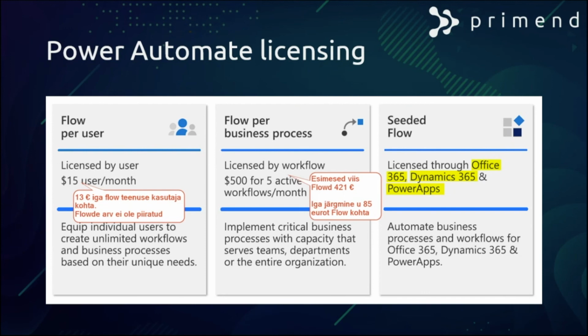So what we are doing here with flows, it's a tip on top of everything: everything I showed today is part of Office 365, so all this functionality is free. But if you have some flows which are using external components that are not part of Office 365, and it's not very often you have to check that, I recommend using Logic Apps there, because in Logic Apps you pay per run, not a monthly fee.